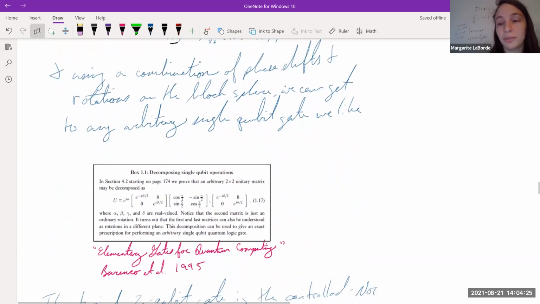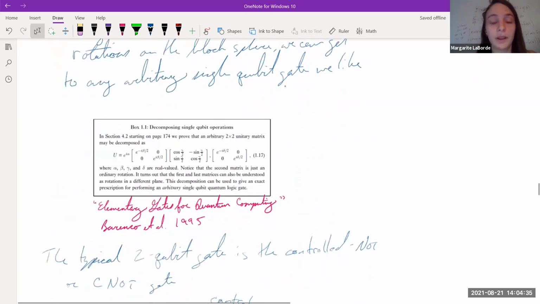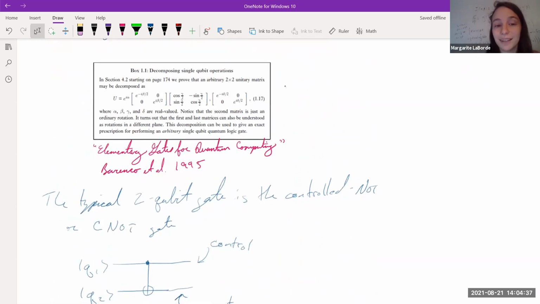You can also specify any unitary using these rotations, using a combination of a relative phase shift and the rotations of the Bloch sphere. What does that look like? It looks like this decomposing single qubit operations box, which might look like they just pulled it out of nowhere. This is a result from a paper called Elementary Gates for Quantum Computing, which is one of my favorite references whenever I'm doing quantum computing.